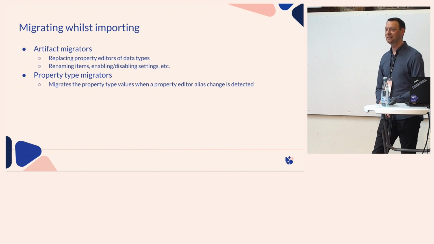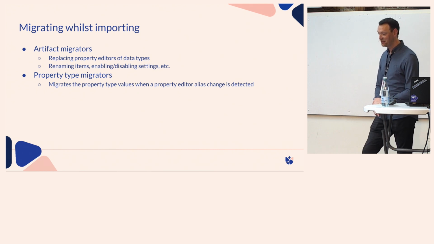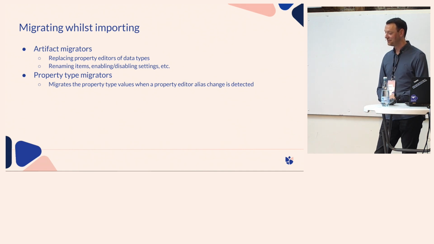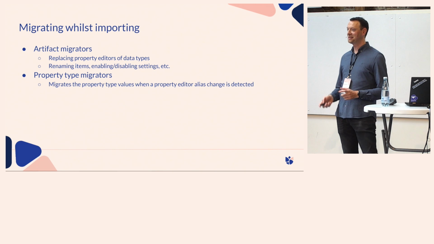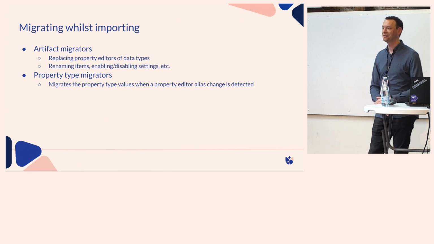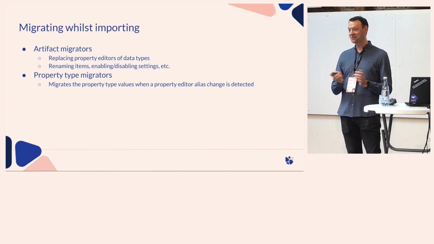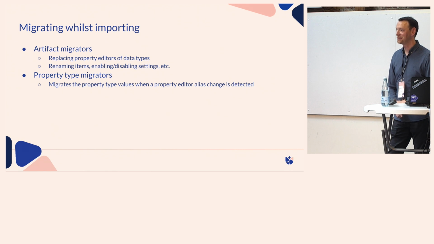So it detects whether something in your environment you're importing into has a different property editor, and that can be because you changed it in the artifact itself, and will then make sure that, for example, if you have nested content migrated into the block list, that not only the actual data type is migrated, but also all the content from in your website is migrated into the new block list structure.